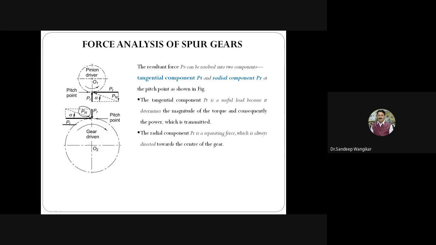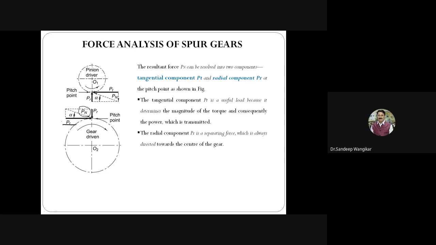We have to calculate how it is acting. The tangential component PT acts on the pitch circle radius. If I want to calculate the torque, then I can say PT into the diameter divided by 2, that is, PT into radius, force into perpendicular distance. This will give you MT, the torque in Newton millimeter.